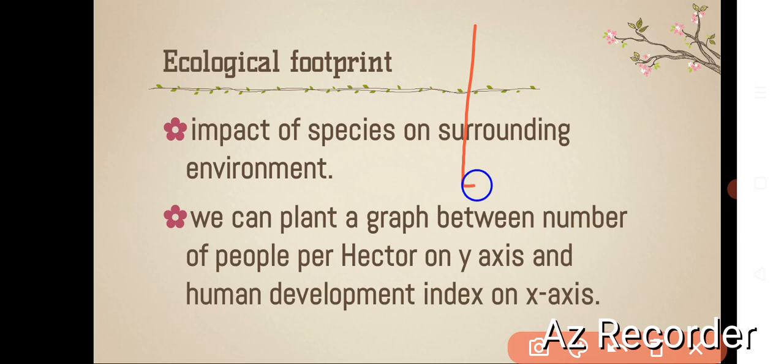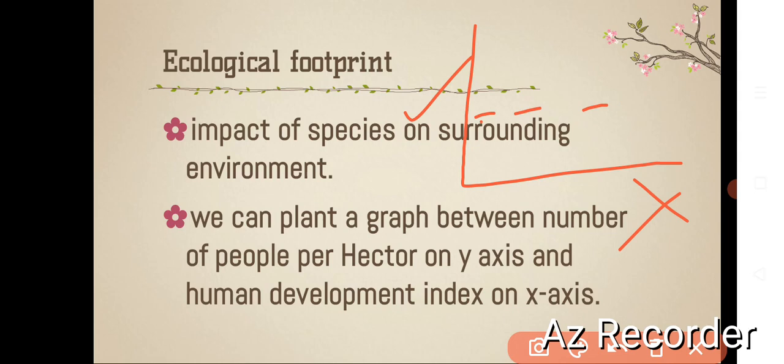We put human development index or standard of living on the x-axis, and number of people per hectare on the y-axis, and we get a result around here.